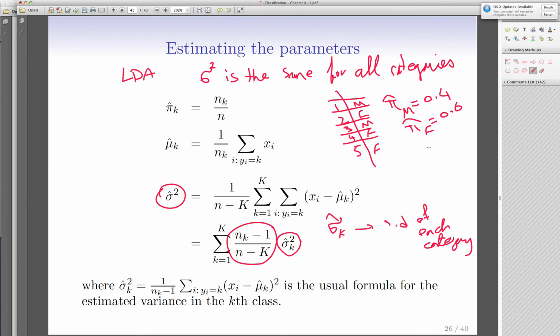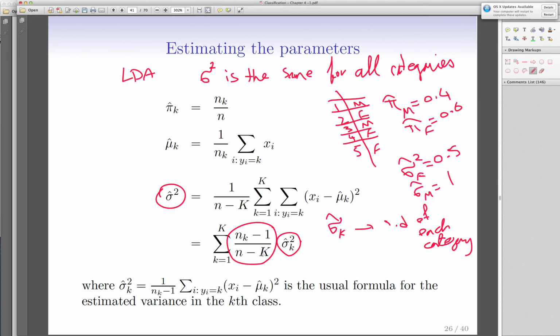And here, let's say you have found a sigma hat of, let's say, height for female. The variance of that for female, let's say, is 0.5, and the variance for males, just for the sake of example, is let's say 1.